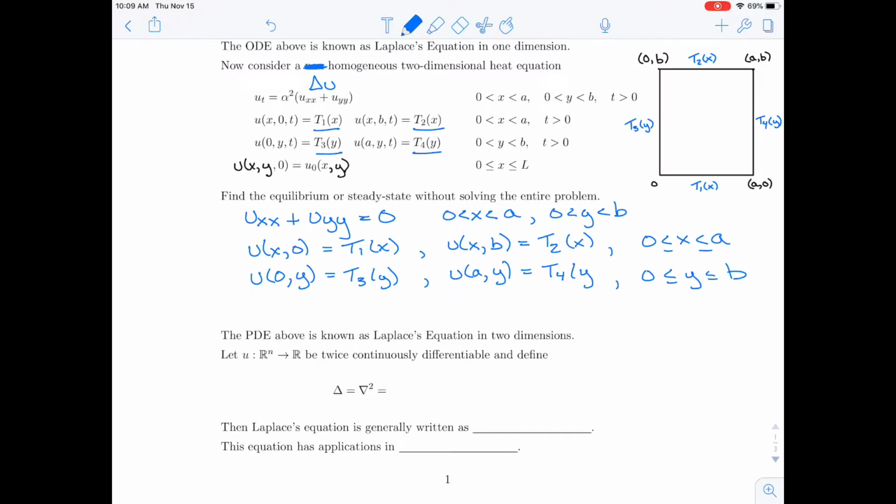And this partial differential equation, which relates the space derivatives of x and y, is known as Laplace's equation in 2 dimensions. I will remind you of the definition of the Laplacian, which is del squared, or grad squared, is equal to the sum of the second derivatives in space.